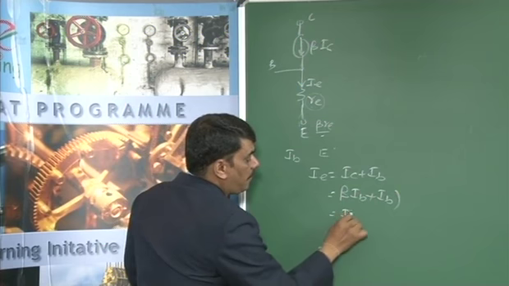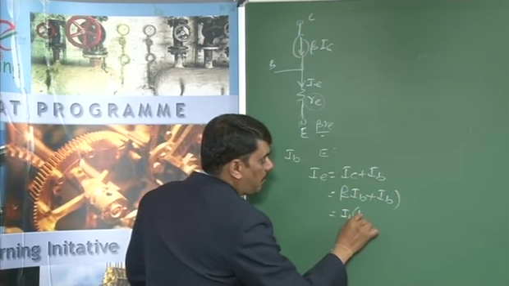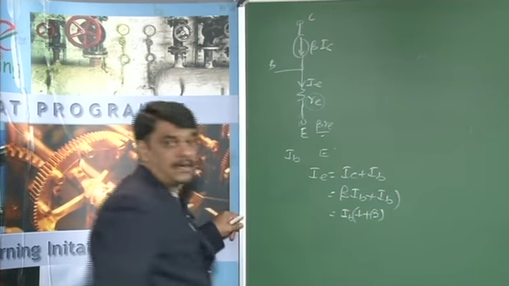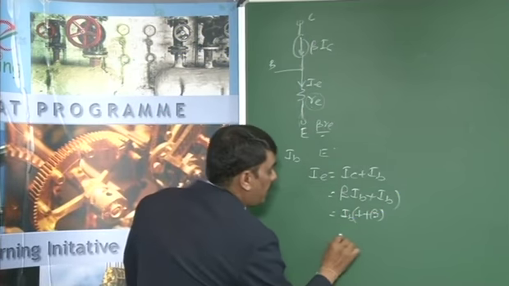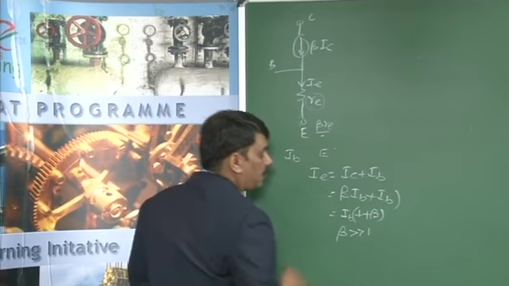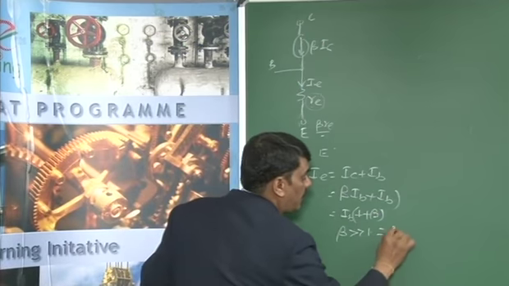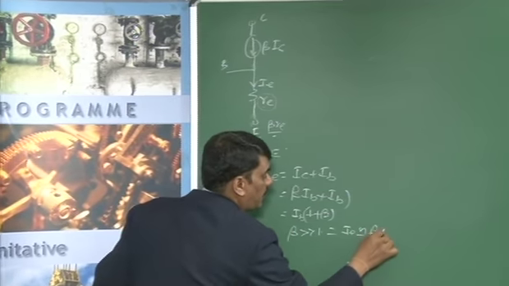This is equal to IB times (1 plus beta). Already defined when discussing input impedance, where beta is much greater than 1, IE is approximately equal to beta times IB.